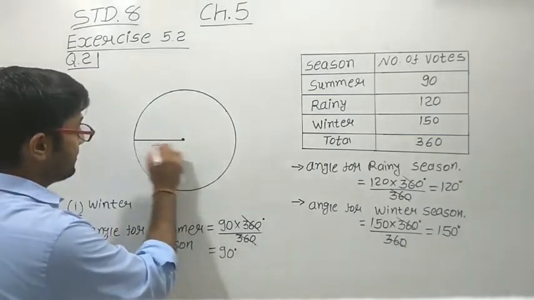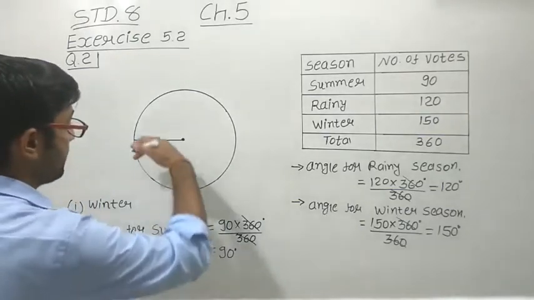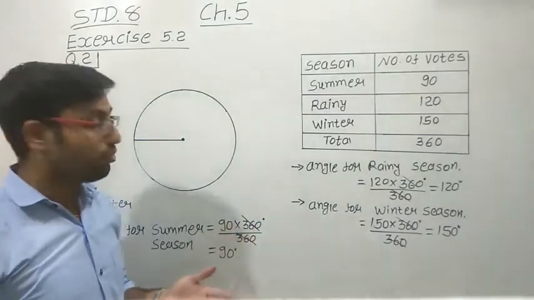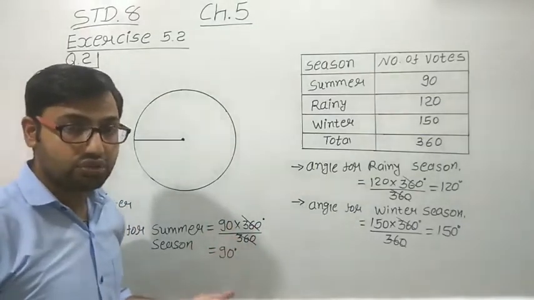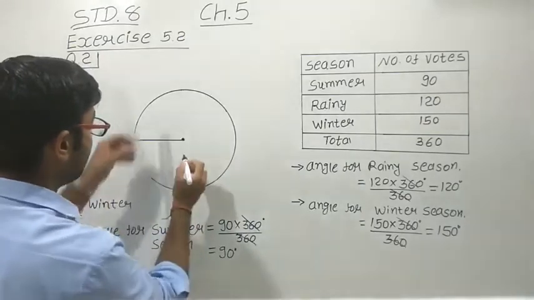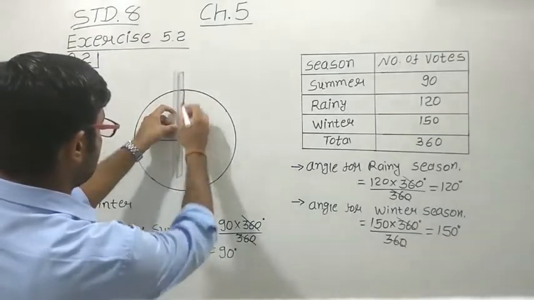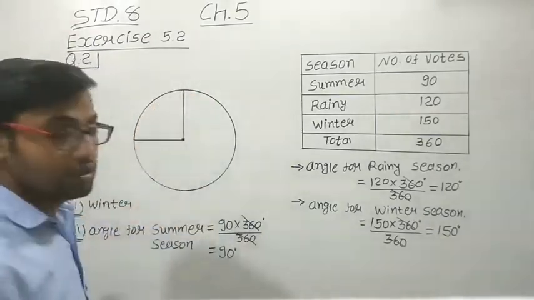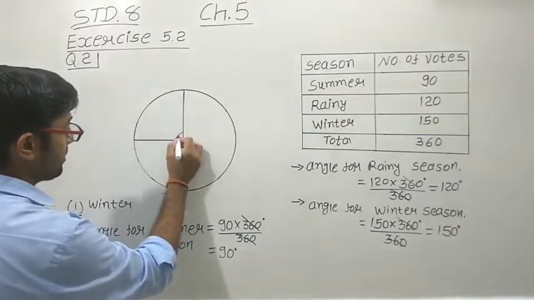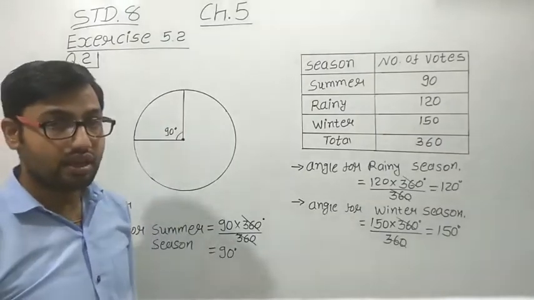When we take this one arm, we have to construct another arm. So using whatever you have to measure the angle, the protractor, you can measure the 90 degree angle here and draw the other arm of the angle. We can also call it the radius. So the angle constructed here is 90 degrees, right?